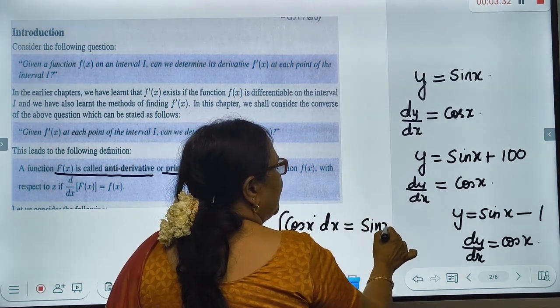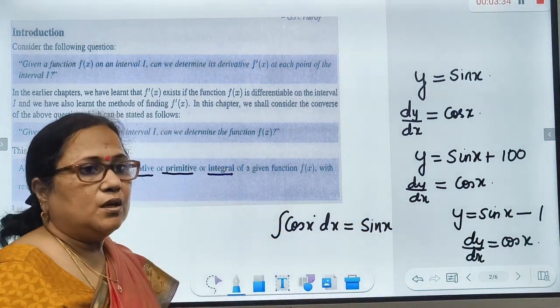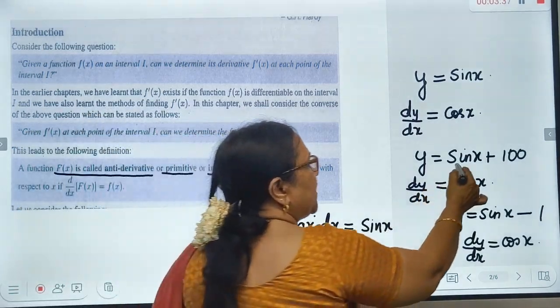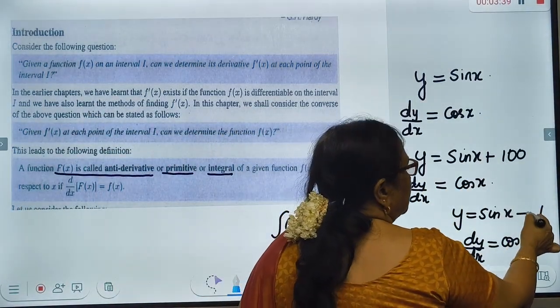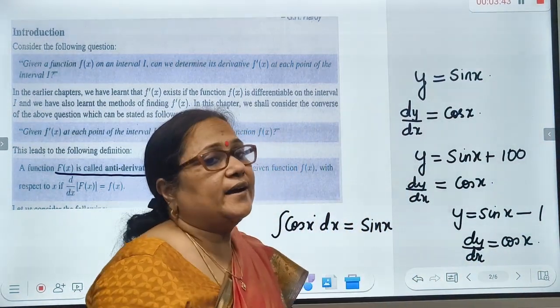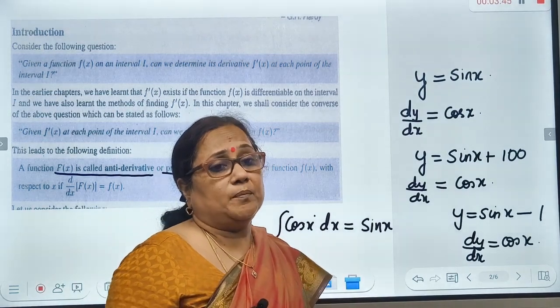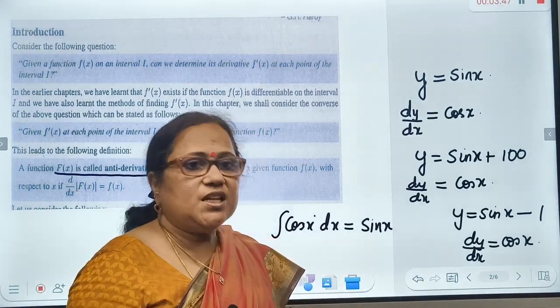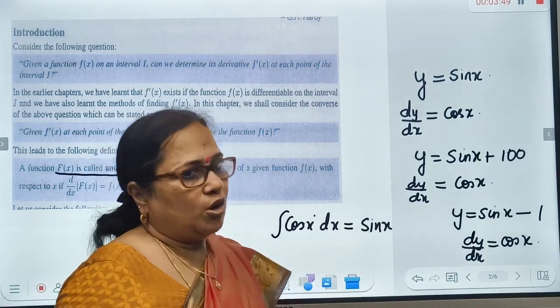Can I write just sin x? Is it just one curve, sin x? No, because the derivative of sin x plus 100 is also cos x. The derivative of sin x minus 1 is also cos x. So sin x plus k, where k is a constant, any real number. Still the derivative is only cos x.